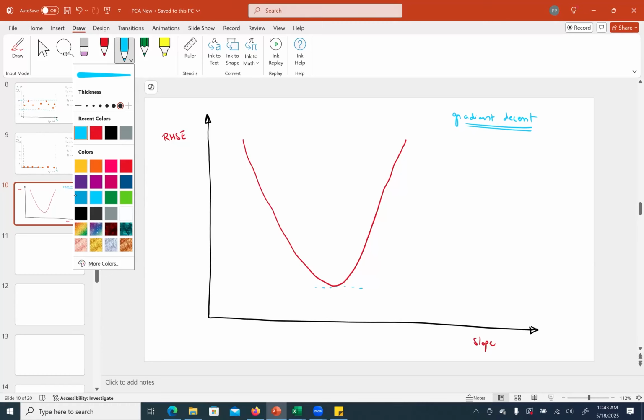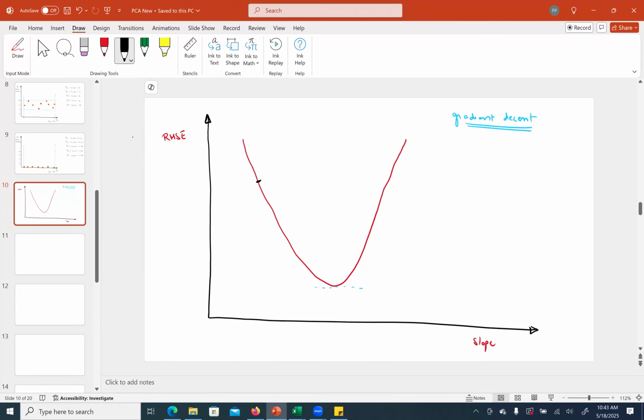In other cases, what we do is we start at some point. We randomly take a point, and that's how we start. You can start maybe here, or maybe here, anywhere. So randomly we have started, and then we do different iterations, and with each iteration, the error starts going down.